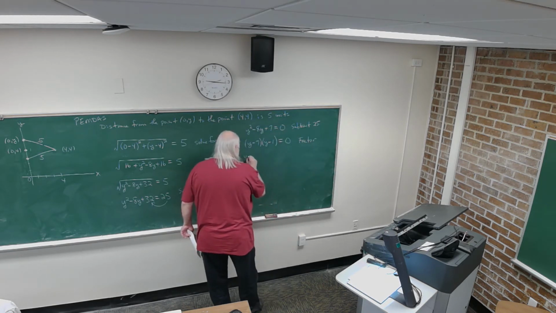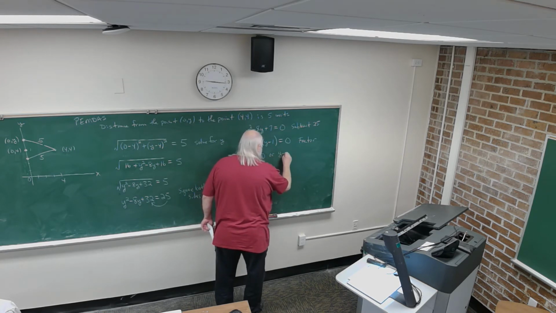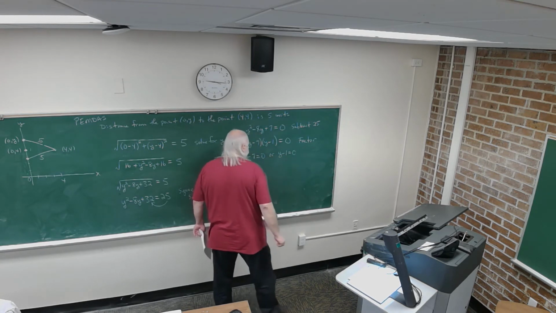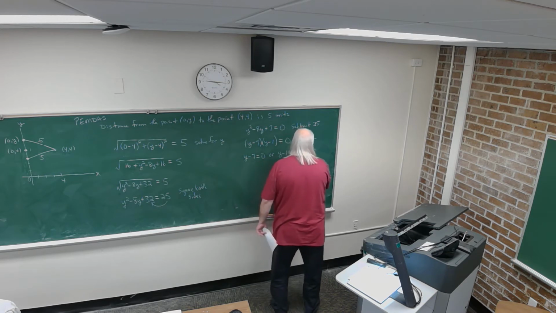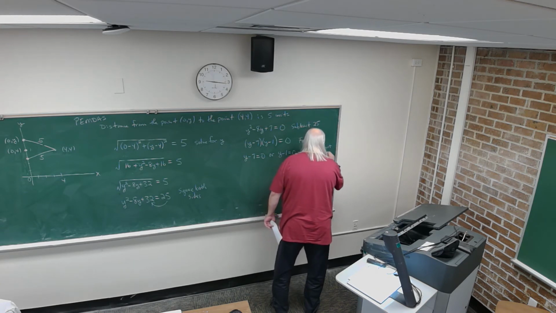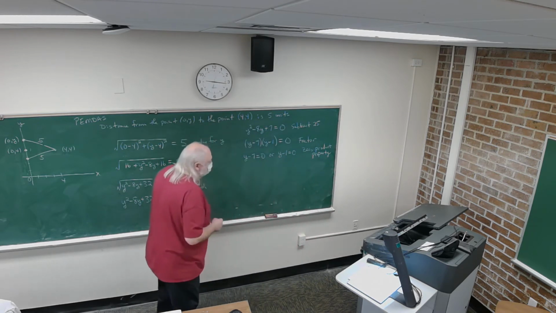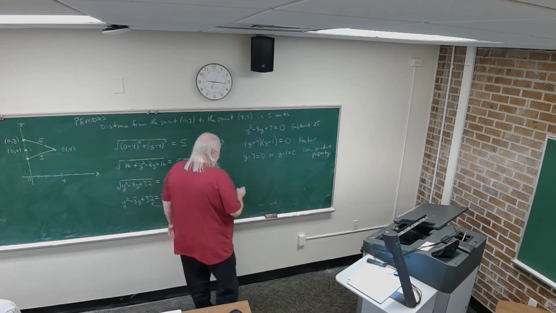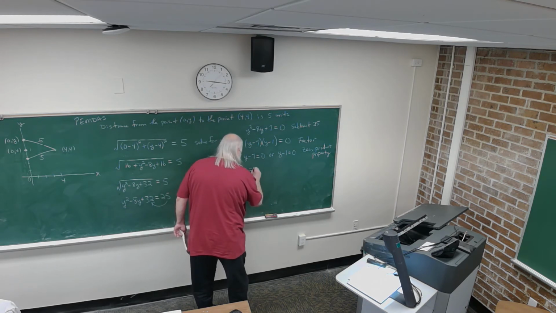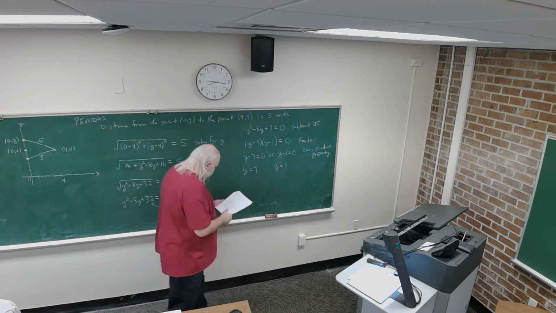So either y minus 7 is equal to 0 or y minus 1 is equal to 0. And so when you solve those two equations, you get y equals 7 and y equals 1.